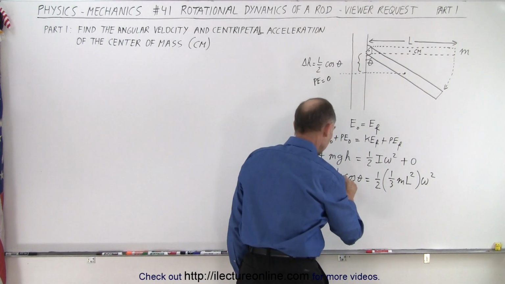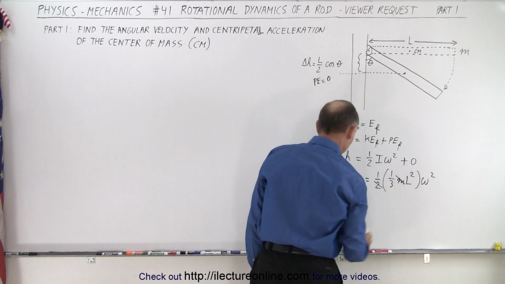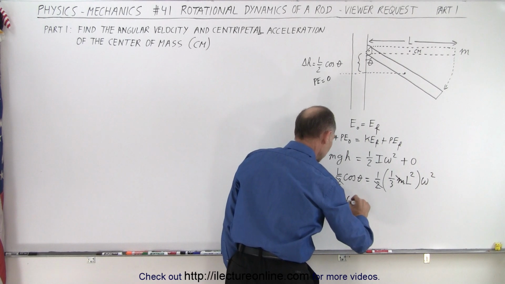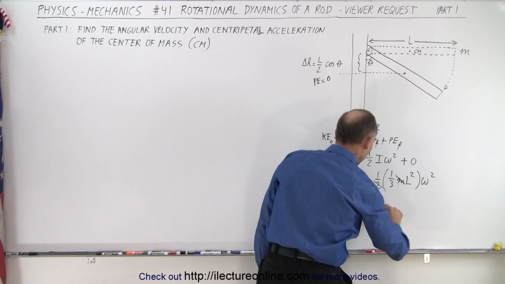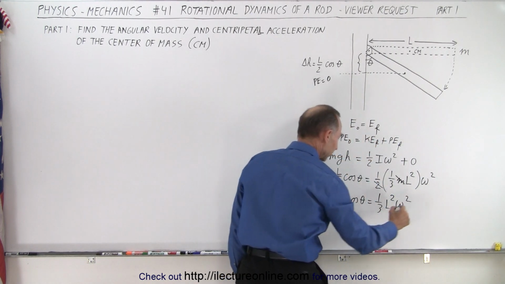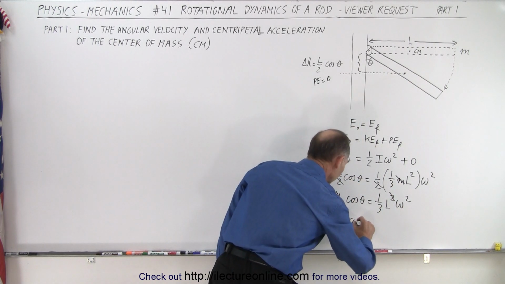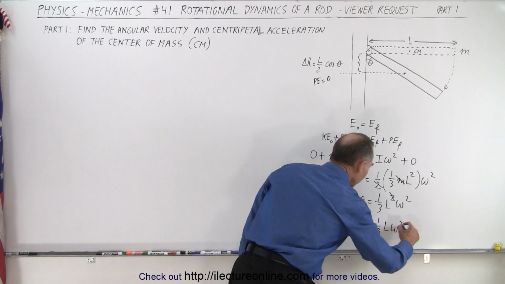Notice that the 1/2s can cancel. The mass can cancel on both sides, so that gives us a simplified equation of gL cosine of theta equals 1/3 L squared omega squared. Then I just noticed that this L will cancel out one of those L's. So now we're left with g cosine theta equals 1/3 L omega squared.